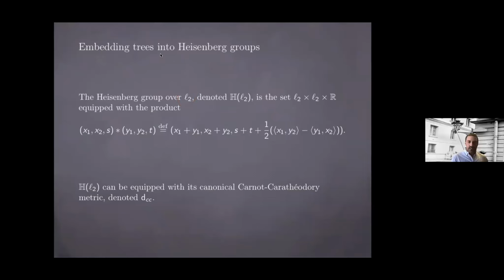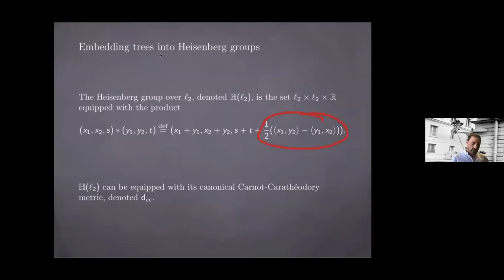This is actually an abelian group with the addition. And then we define a group operation on this Cartesian product, L2 cross L2 cross R. And this is the group addition. Well, you just add the first coordinates, you add the second coordinates, you add the third coordinates. If this term is not here, this is just the basic sum of Banach spaces.